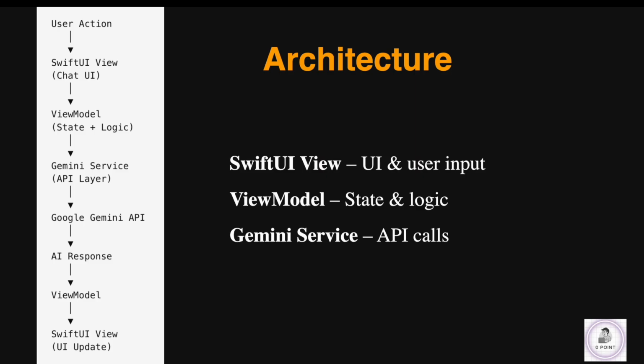Then we convert that response into the required model format, and the view model notifies the UI that it's time to update. Then our UI updates automatically. That is the complete flow of our application.